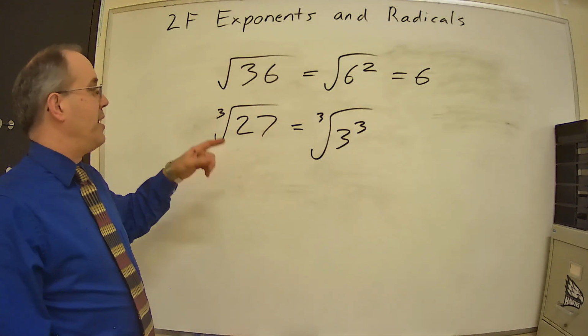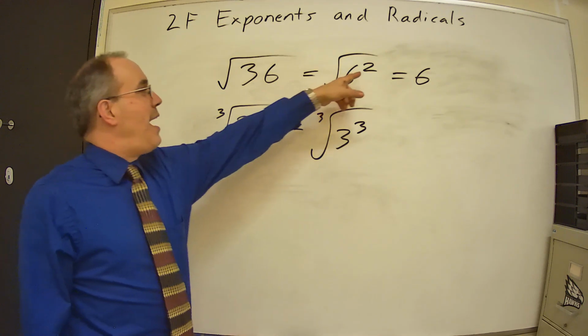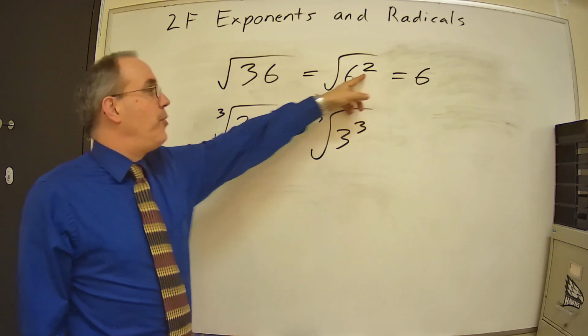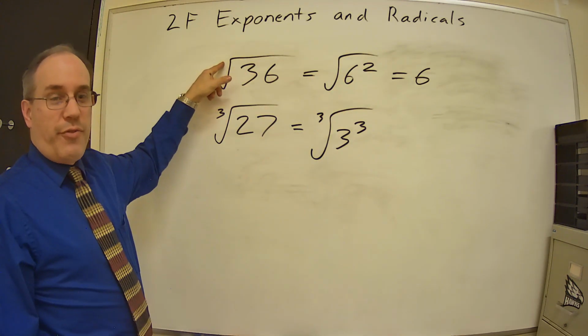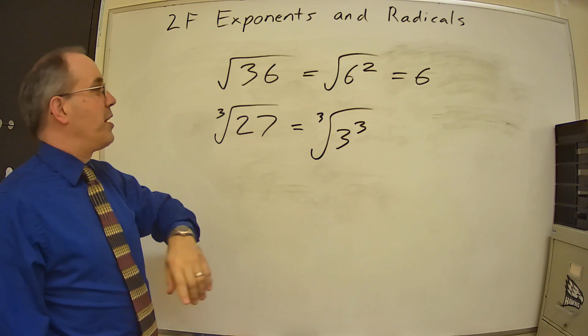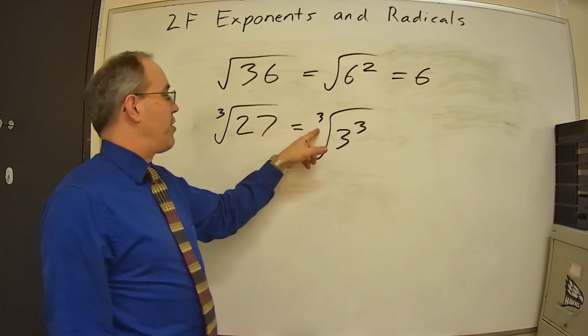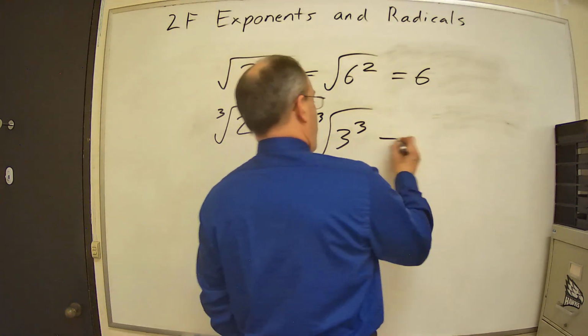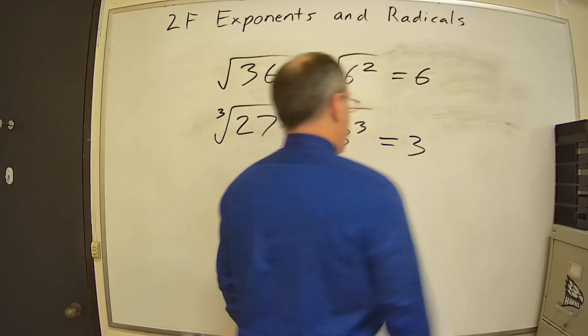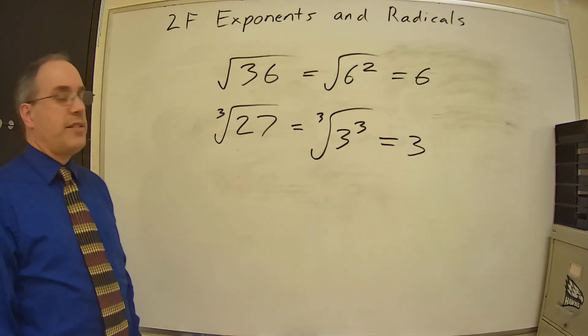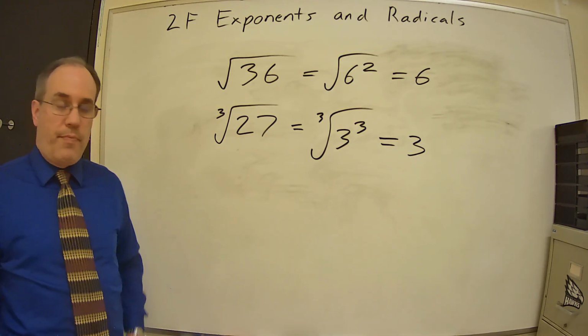As soon as we can get the same power under the exponent as we have for our index, we can get rid of the power and the radical. So I've got a 3 and a 3 here, so that cancels out, and the cubed root of 27 is 3.